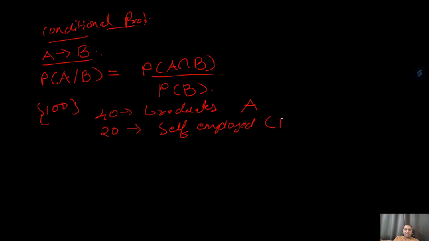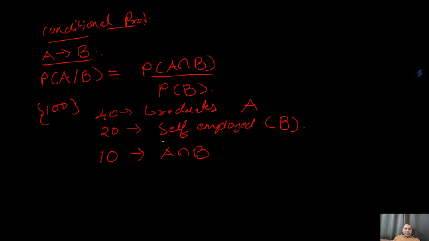Let me call this B. Now there are some students who are graduates as well as self-employed. Let me take 10 such students. This is nothing but A intersection B.